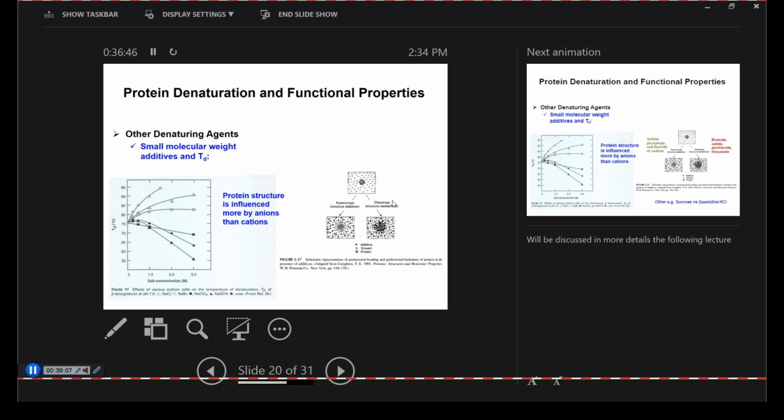So we have what we call cosmotrope and catotrope. You might have heard of these terms before. So a cosmotrope is a solute that actually stabilizes the structure. How does it stabilize?